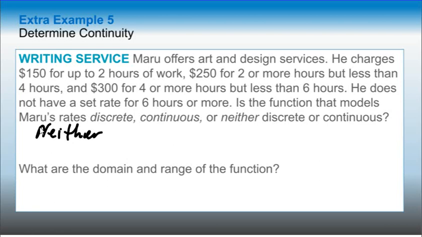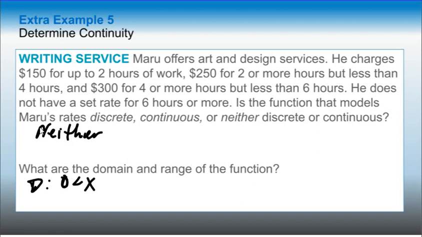What are the domain and range of the function? For here, the domain would be referring to the number of hours. So the domain would be x has to be greater than 0, not greater than or equal to. So you have up to 2 hours.